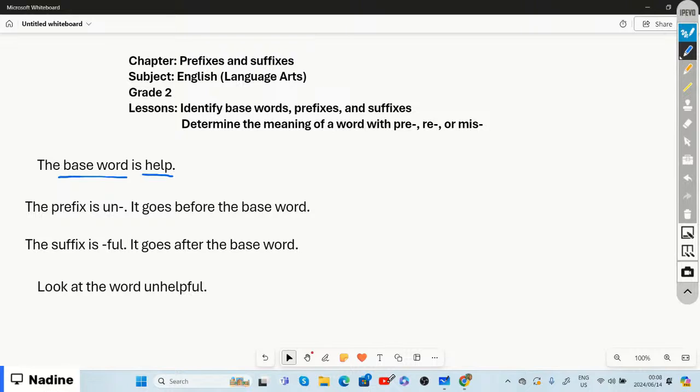It's like you're assisting someone. But now we have our prefix, and you will find out that the prefix means something. It has its own meaning. The suffix has its own meaning too. And once you add either the suffix or the prefix to that specific word, it changes the meaning of that base word.